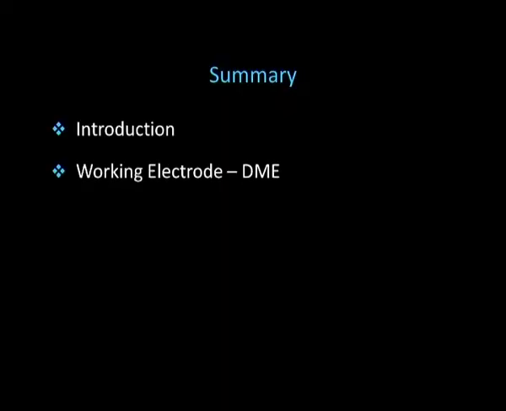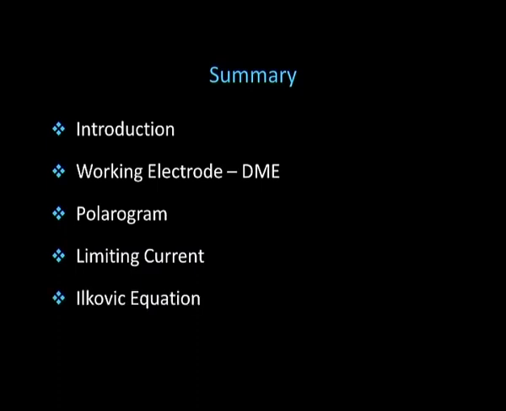So, in this lecture we have discussed polarography, the use of the working electrode which is the DME, the polarogram obtained with two characteristics E half and ID, the limiting current, the use of the Ilkovic equation which controls the current, and the reversible system.